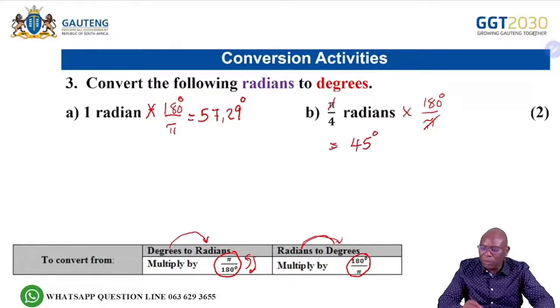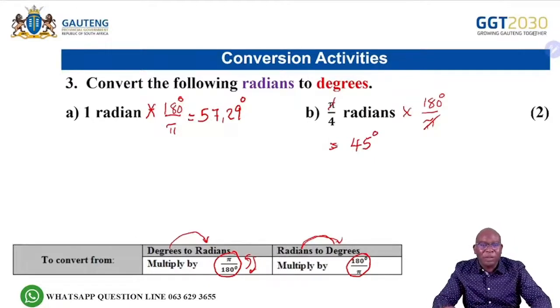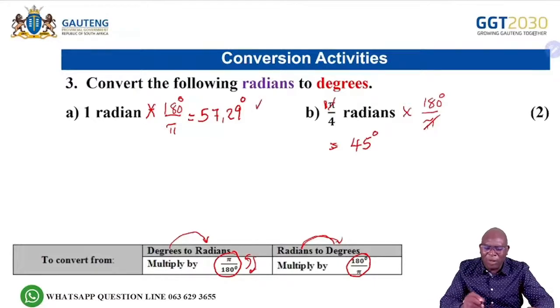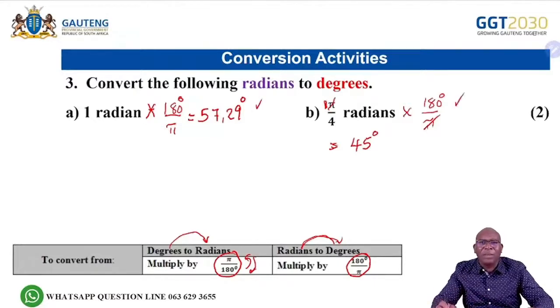So in other words, a quarter pi radian is going to be 45 degrees. So that's quite easy. It's 1 mark, and we definitely need that mark.